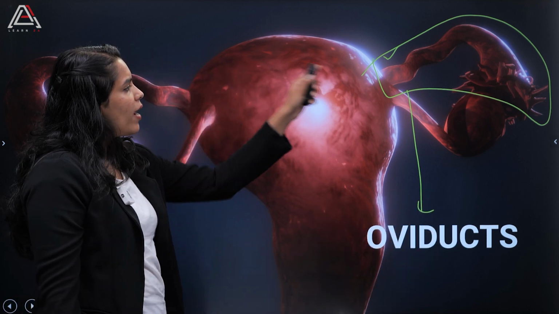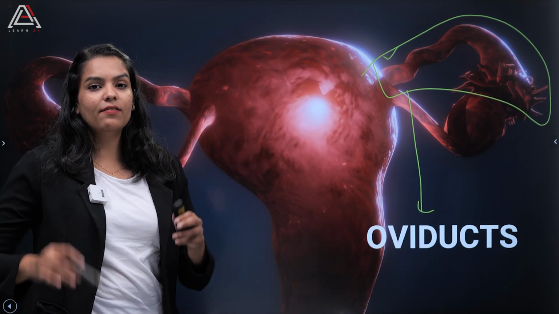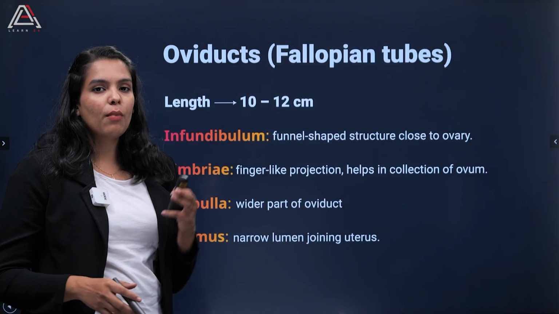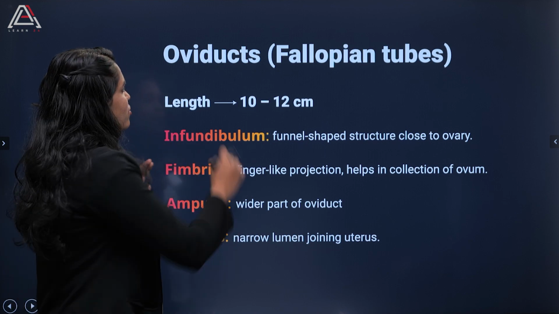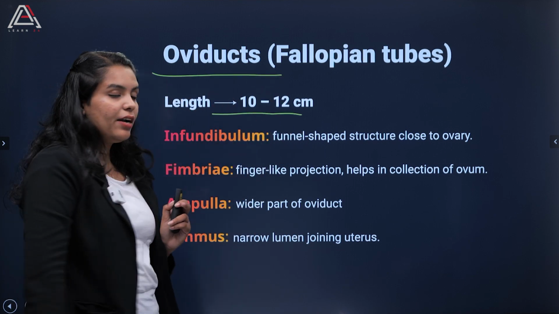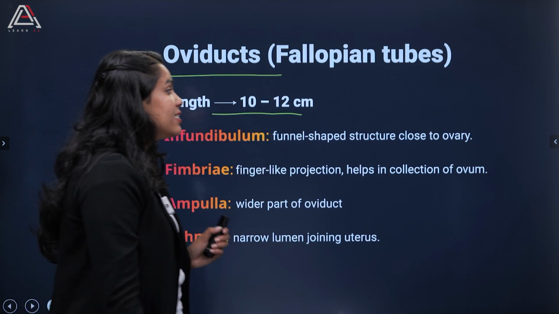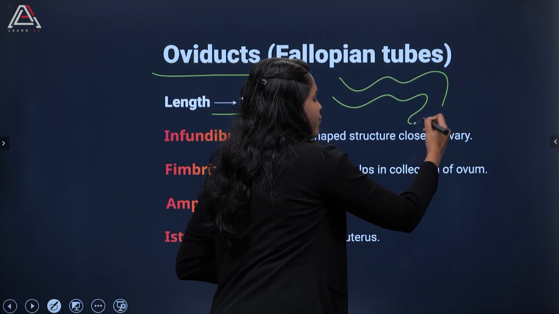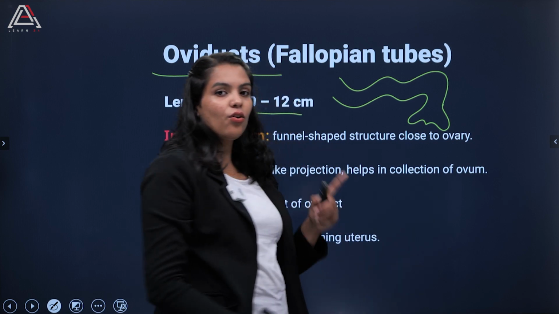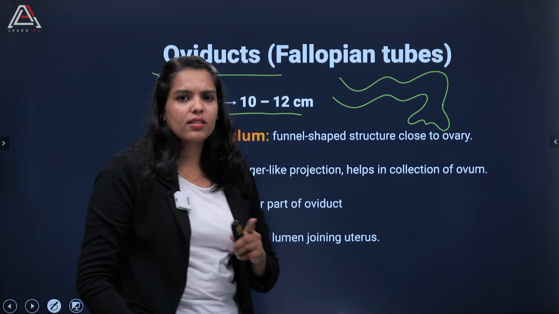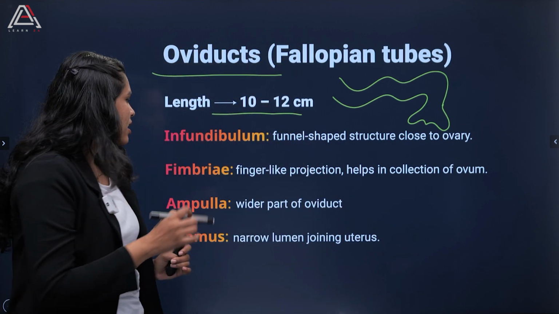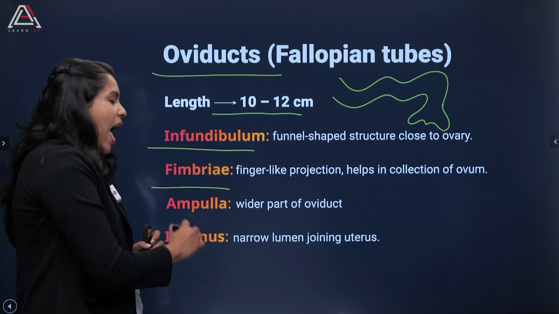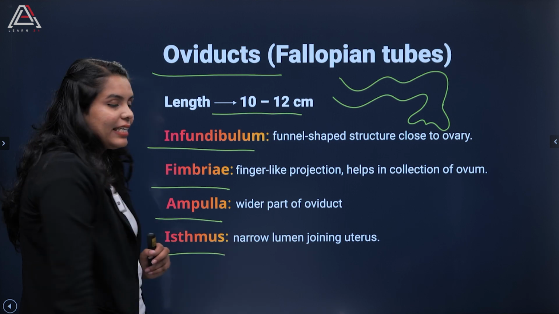The entire oviduct is divided into many regions, so let's discuss the oviduct in detail. The oviduct's length is 10 to 12 centimeters, and it is divided into four parts: infundibulum, fimbriae, ampulla and isthmus.